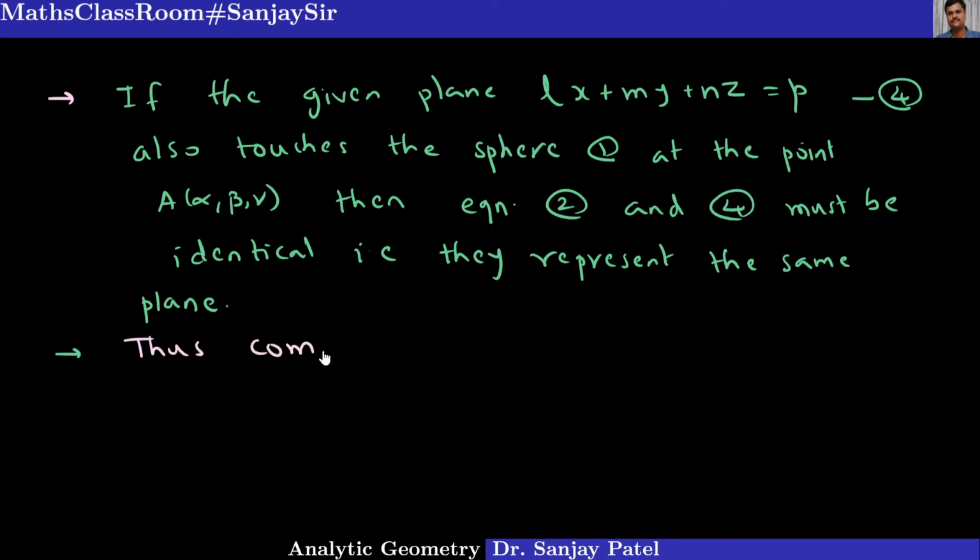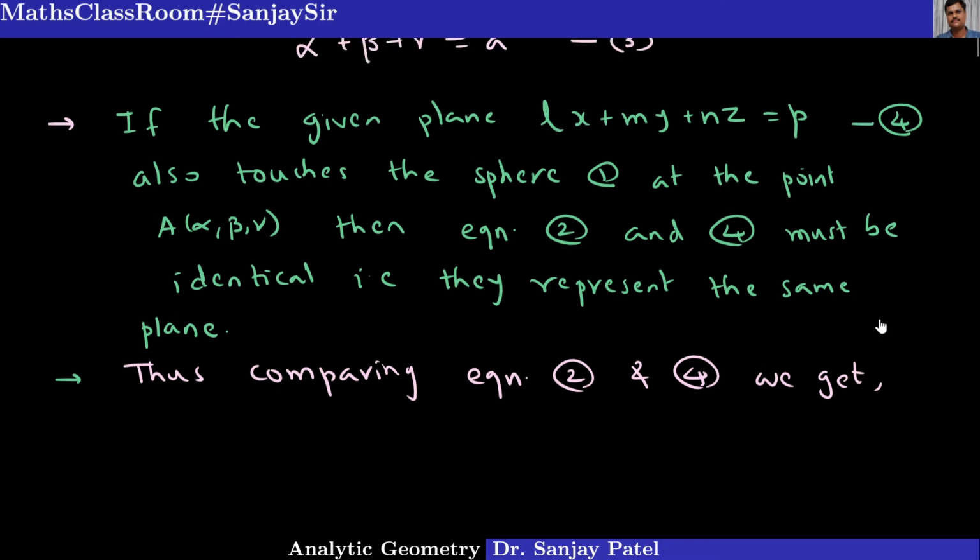Thus comparing equation 2 and 4, we get, so this is the main step, comparing equation 2 and 4, we get equation 2 was alpha x plus beta y plus gamma z is equal to a square. Let me show you again.